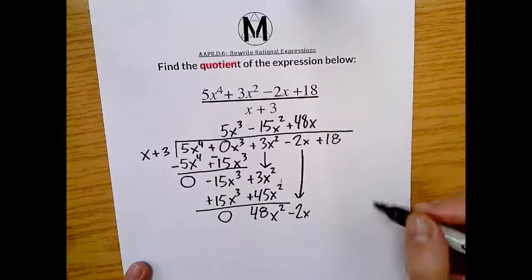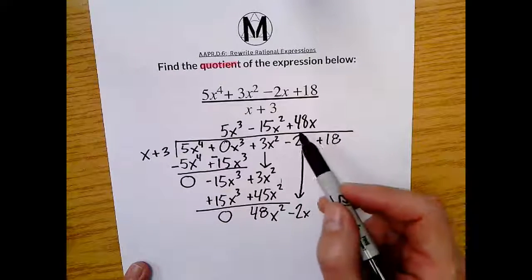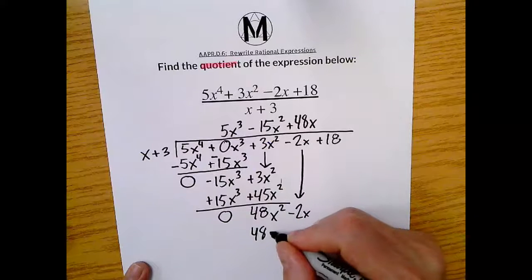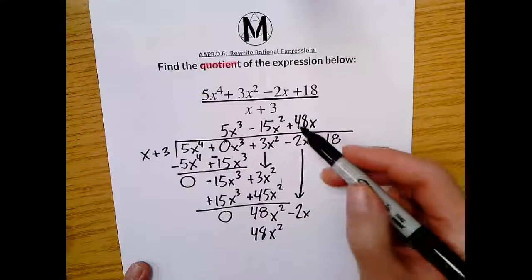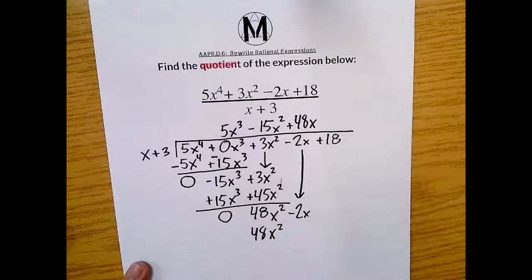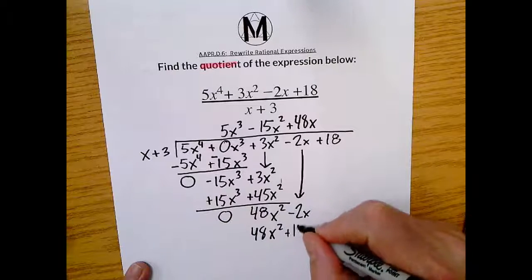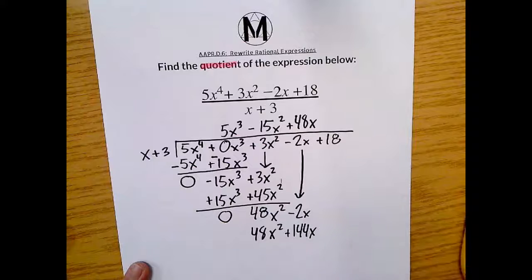Now distribute down. 48x times x is 48x squared. And 48x times 3, well, I don't know that off the top of my head, so I'm just going to use my calculator. It says here, 48 times 3 is 144. So I get a plus 144x.